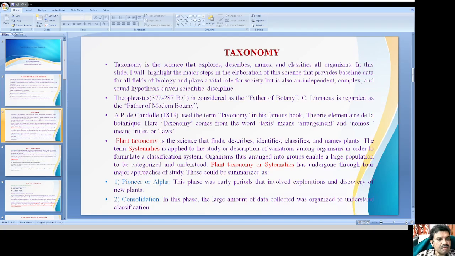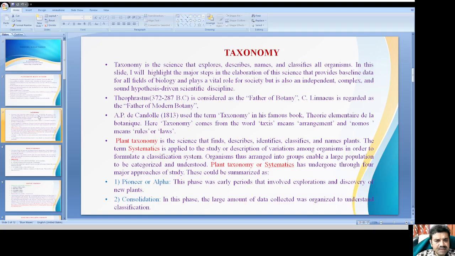Then in the 19th century, A.P. de Candolle published another epic work for plant identification, known as Théorie élémentaire de la botanique, and thereafter a number of publications came into the limelight in order to assess plant diversity.